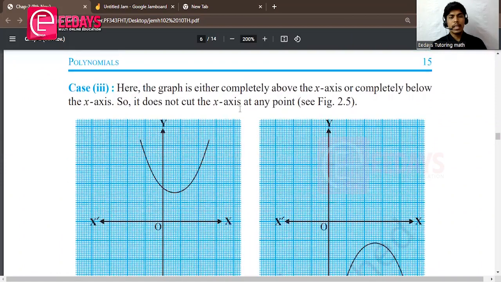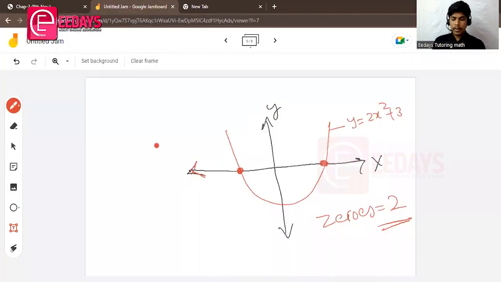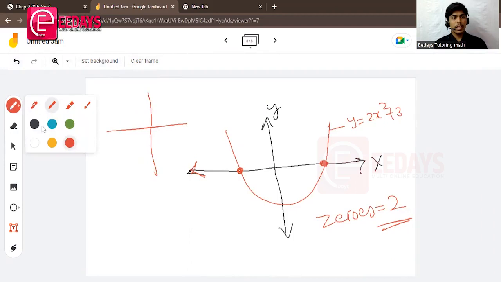The graph is either completely above the x-axis or completely below the x-axis. In that case, it is not cutting or touching the x-axis. Let's take the graph here like this. I think you already understand, but let's see.